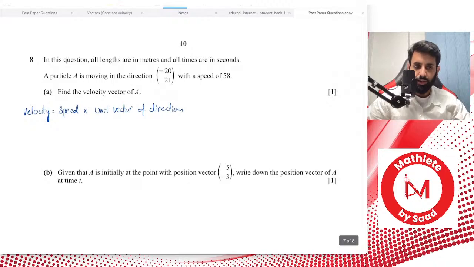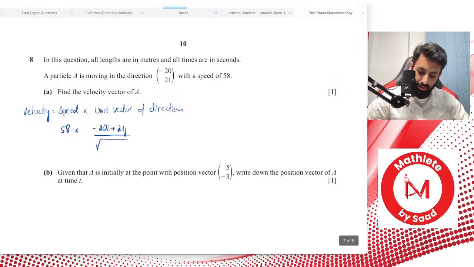Yeah, minus 40 and 42 is the correct answer. So basically, here's how this works. You have 58, which you're going to multiply by minus 20i plus 21j divided by their magnitude. So the magnitude is going to be the square root of minus 20 squared plus 21 squared, which is 29.